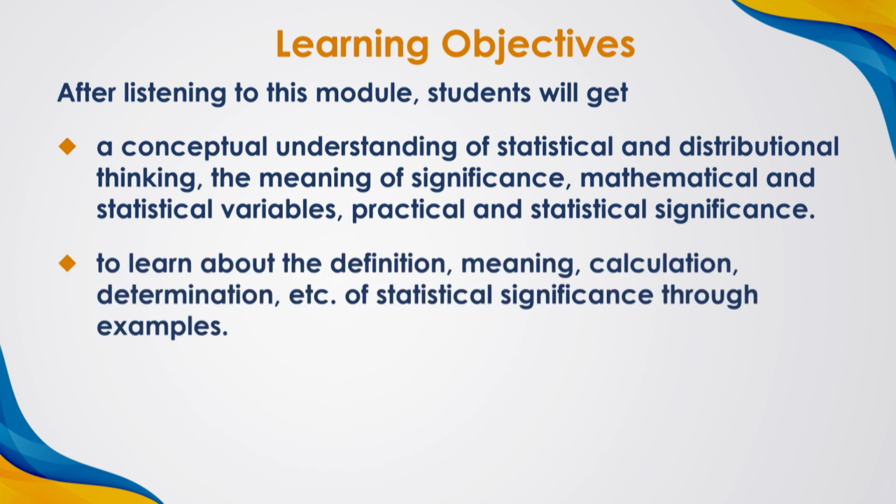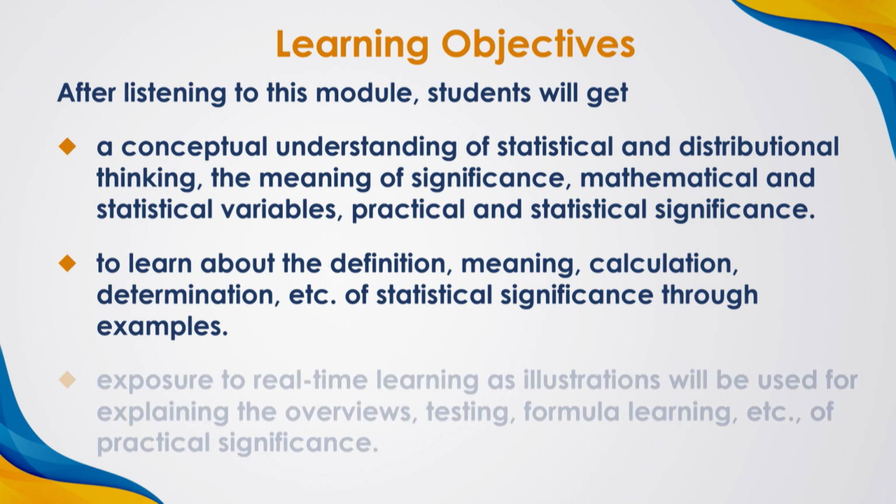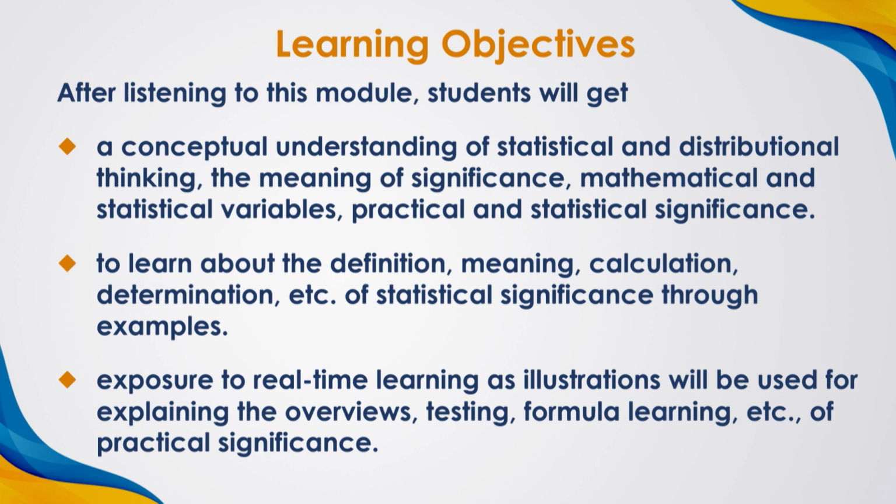To learn about the definition, meaning, calculations, determination, etc. of statistical significance through examples. As a third learning objective, we will be given exposure to real-time learning as illustrations will be used for explaining the overviews, testing, formula learning, etc. of practical significance. Let us start.